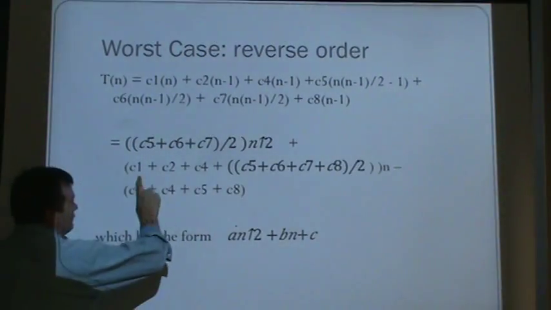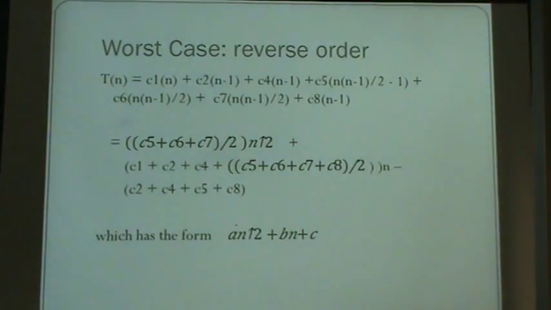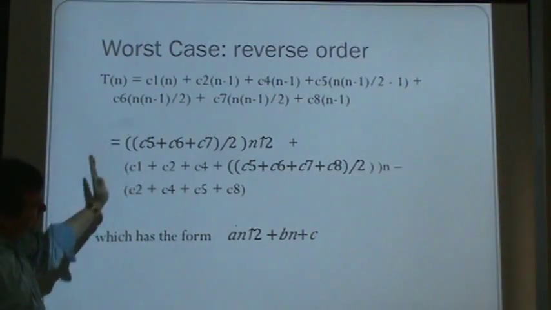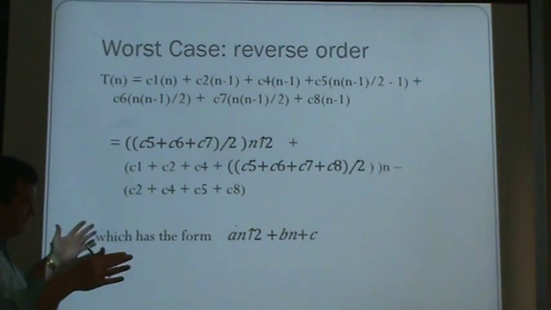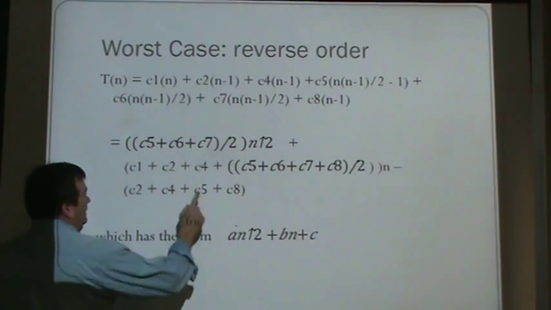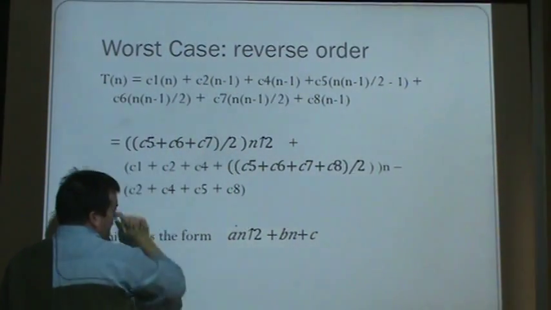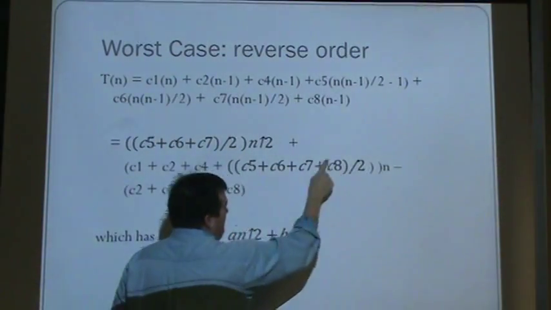And then we've overcounted one of these by 1, so just for accounting reasons, we subtract off lines 2, 4, 5, and 8. So the running time of your algorithm, in the worst case, and it'll also end up being in the average case, is, whatever the size of your input n is, now all I'm doing is taking all these constants and turning them into a letter A. I'm taking all of these constants.